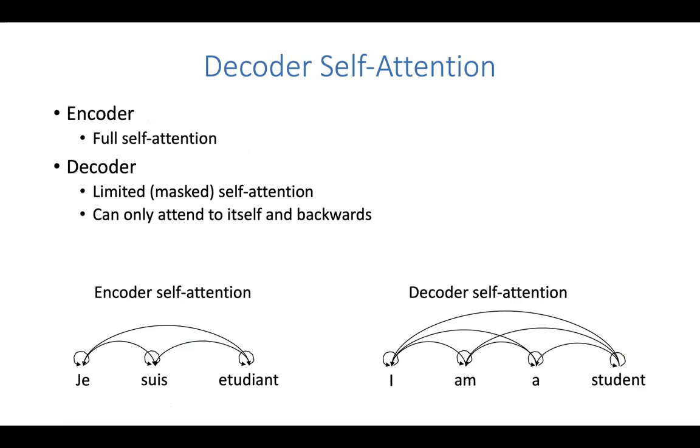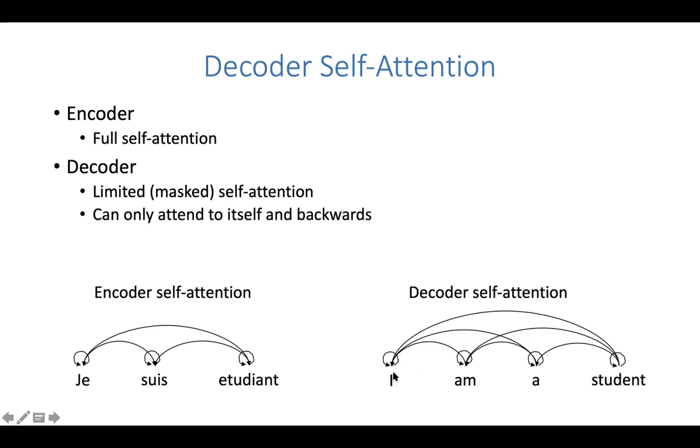So the input tokens in the decoder cannot look into the future. That would be cheating. In the encoder, you're already given a sentence, so you can fully attend. The tokens in the encoder can fully attend to all the other tokens bidirectionally. But in the decoder, the input tokens can only look at itself and the past.